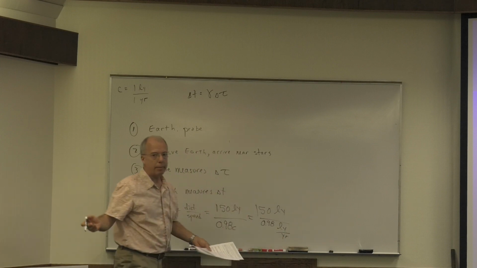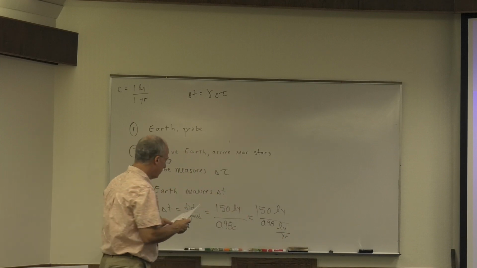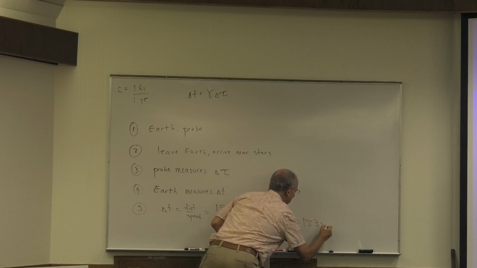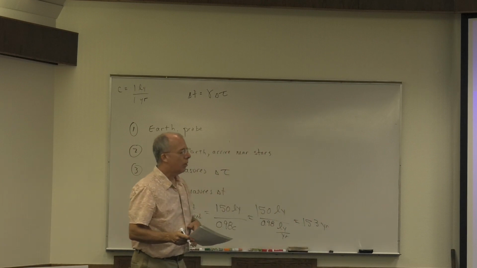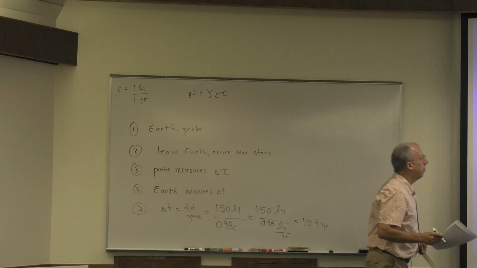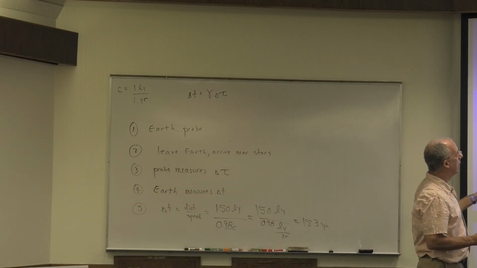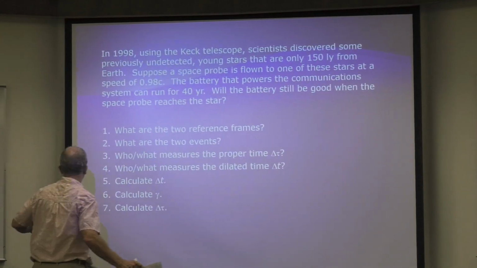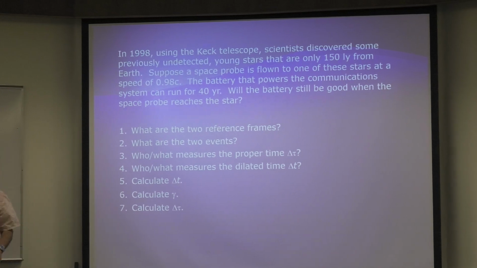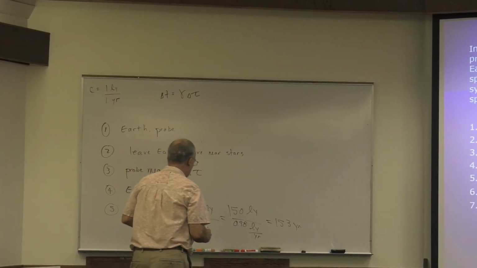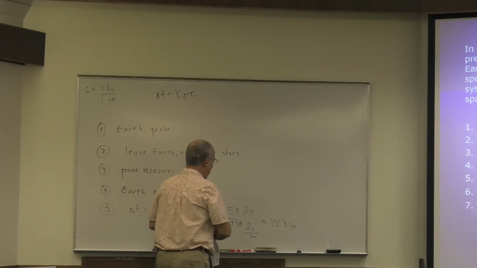And see, that's cool, right? Because then things cancel. You work that out, you get 153 years. So according to us on the Earth, it's going to take the probe at this speed 153 years to go from the Earth to the star. That makes sense, right? So delta t is 153 years.